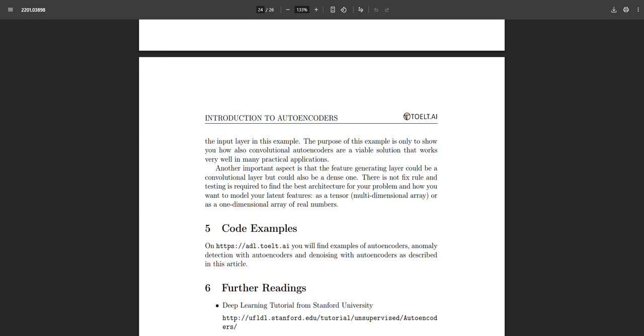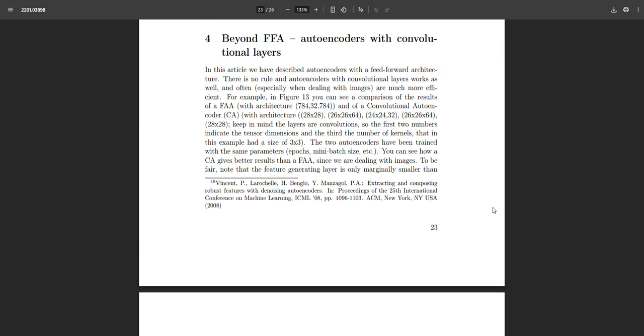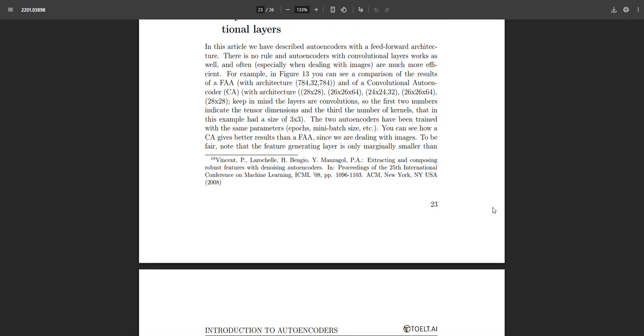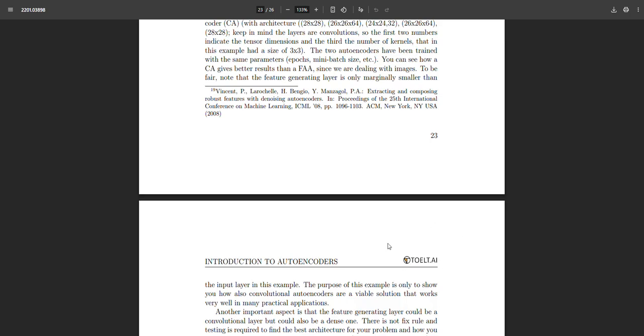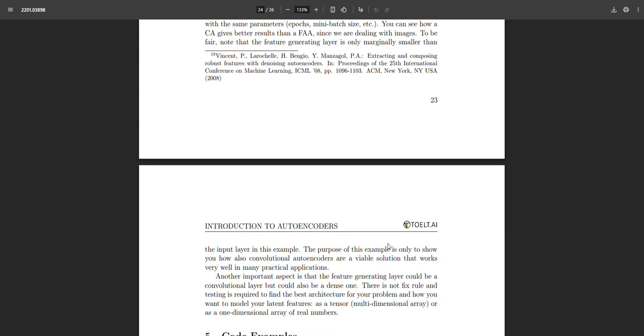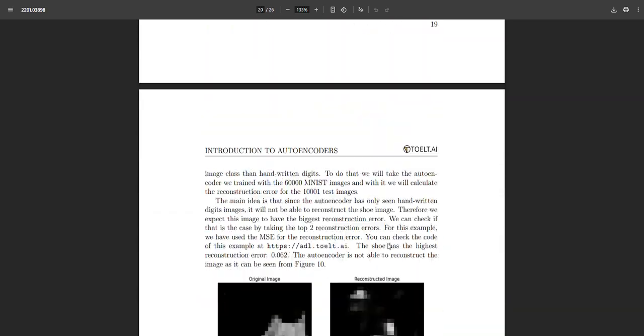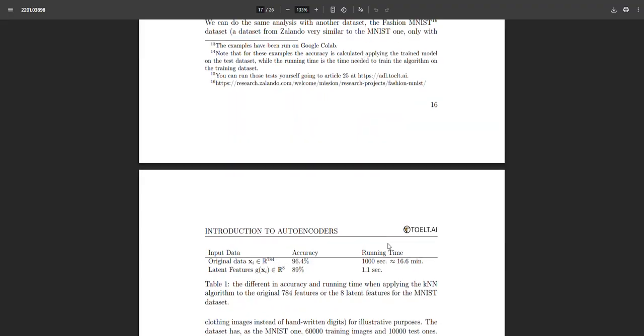And with that, we conclude our comprehensive look at this paper, an introduction to autoencoders. We've explored how the autoencoder is a remarkably elegant neural network designed for unsupervised learning. Its true power lies not in its reconstructed output, but in the compressed, informative latent representation it learns through the bottleneck.